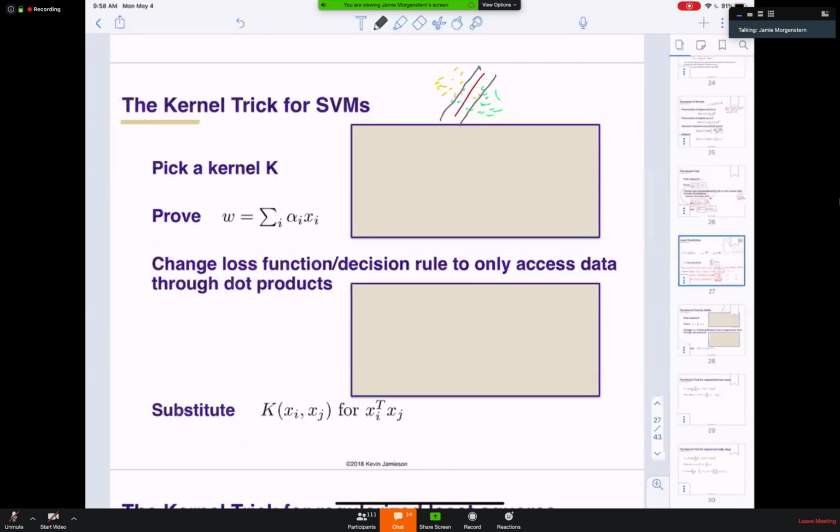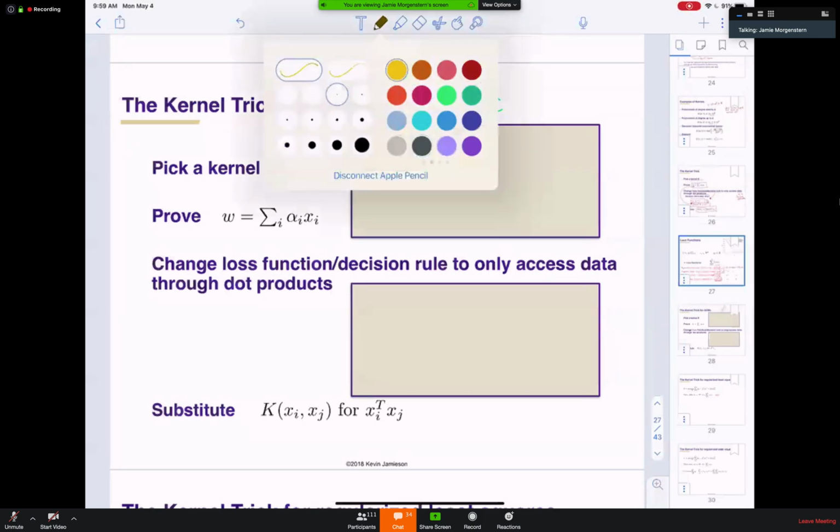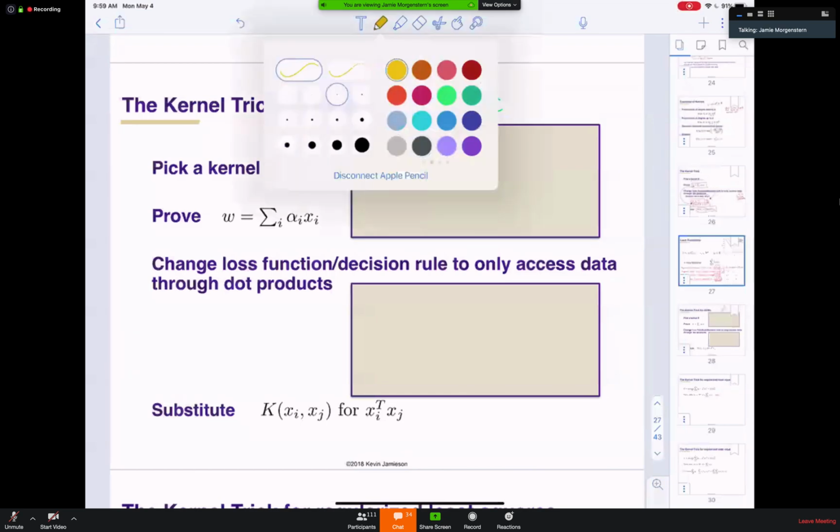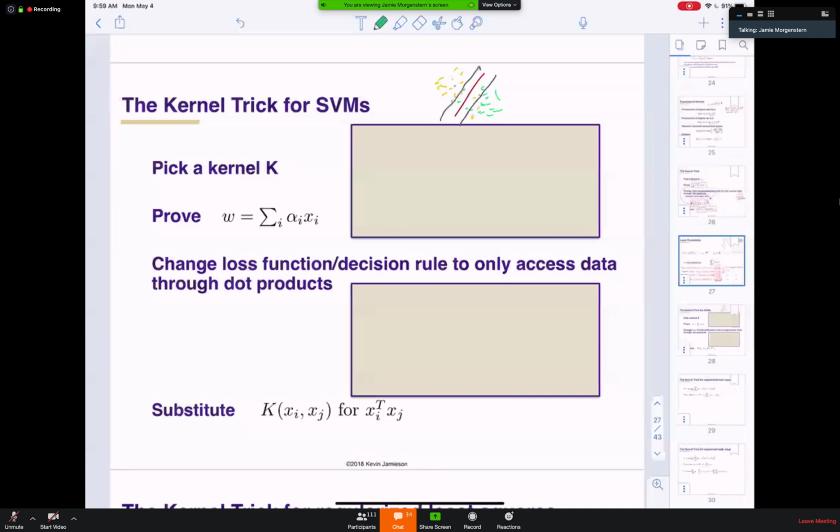Certainly any points in between the red line and the gray lines are violations, but also any points that are the wrong color on either side of this as well.